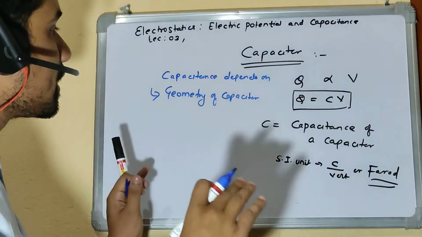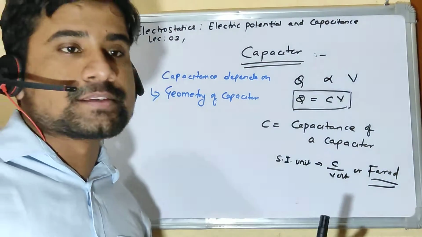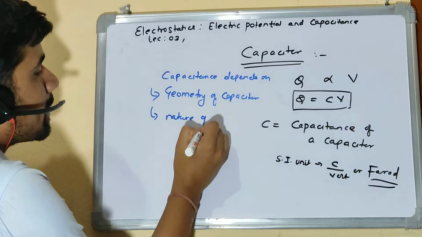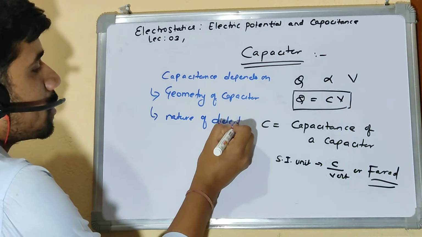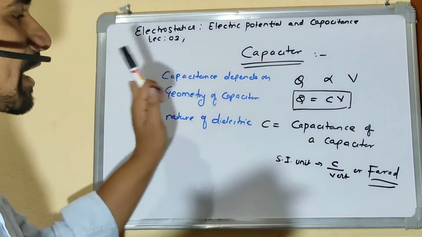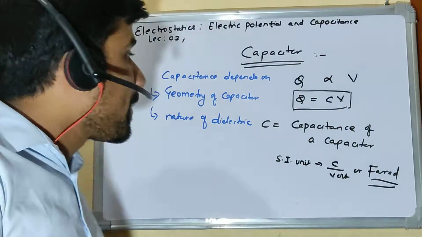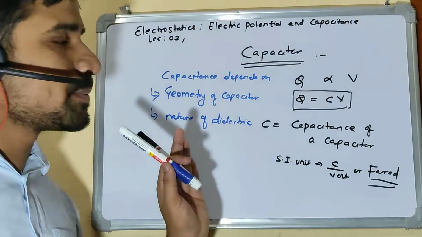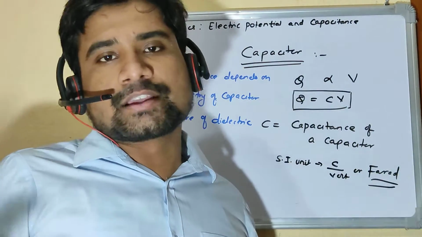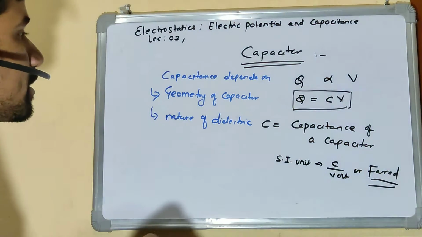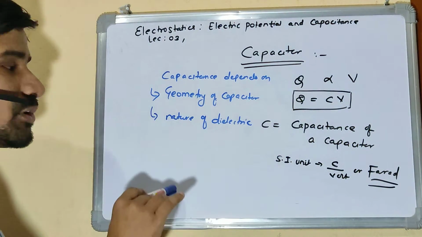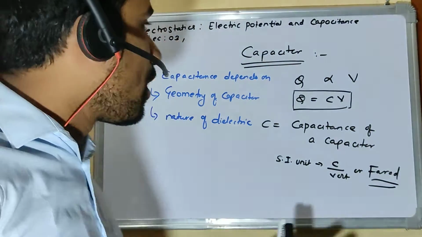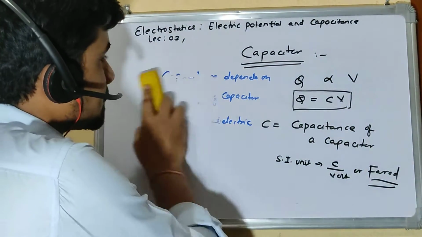So capacitance will depend on the geometry of the capacitor, and it will also depend on the nature of the insulator or dielectric. Only these two factors will affect the capacitance of a capacitor. Apart from this, capacitance will not depend on what voltage I'm applying to it, or what the charge or electric field is. We will discuss in detail how it depends on these parameters.